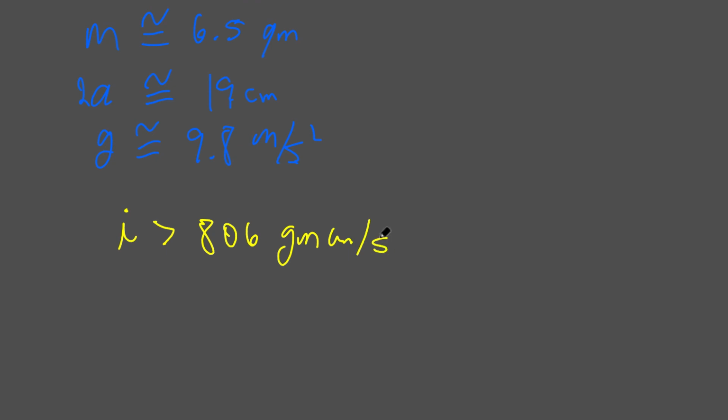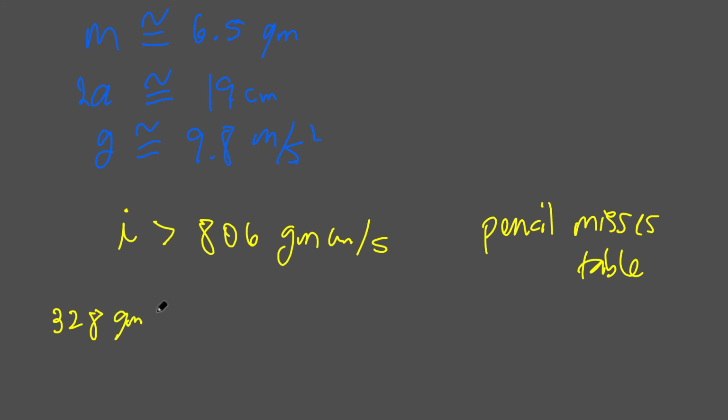And what we find is that for an impulse greater than about 806 gram centimeters per second, the pencil misses. For an impulse between about 328 gram centimeters per second and 806, the tip hits the tabletop.